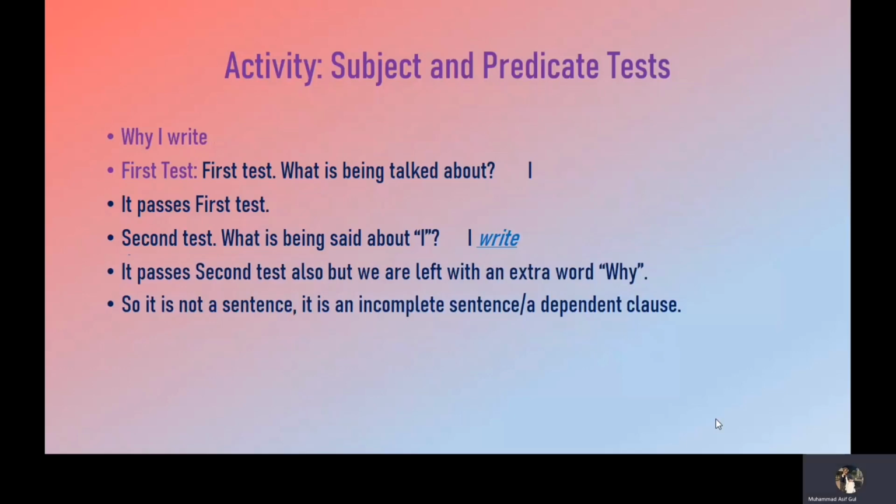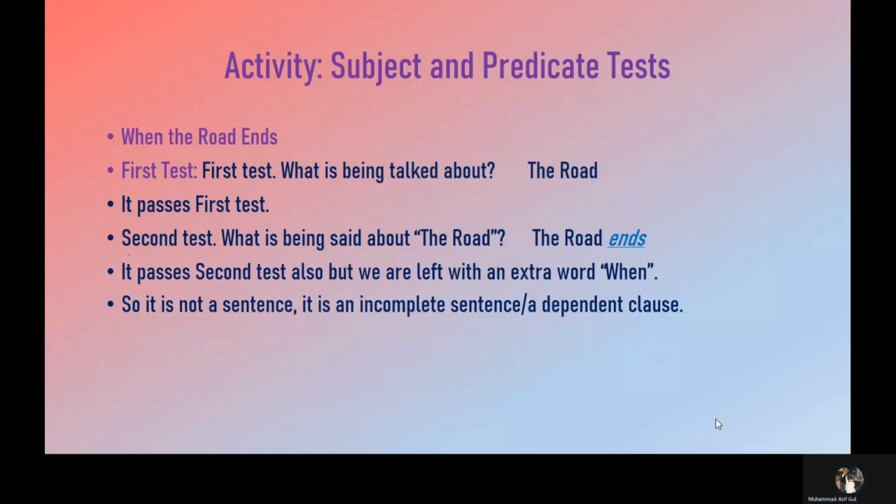We will apply this test on another title. We have the title, When the Road Ends. First test, what is being talked about? The road. So it passes the first test. Second test, what is being said about the road?